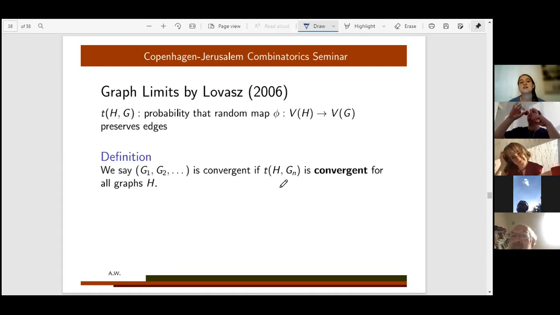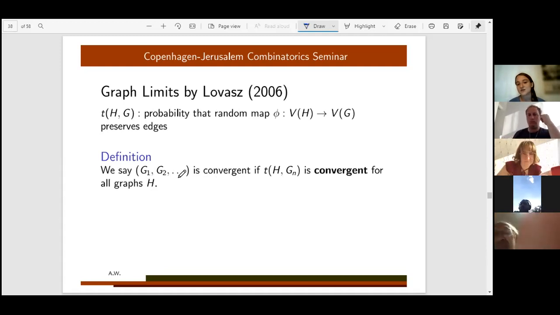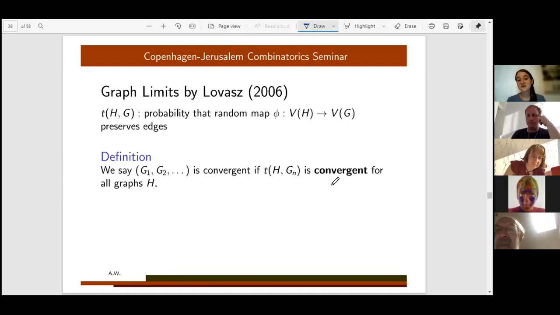So in our case we looked at crossing graphs, x1, x2, and so on, and we saw that the triangle densities, so for H being a triangle, converged. But to show that the series converges, we would have to show that each of these densities converges.